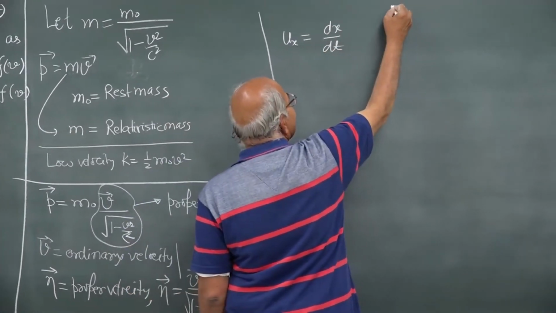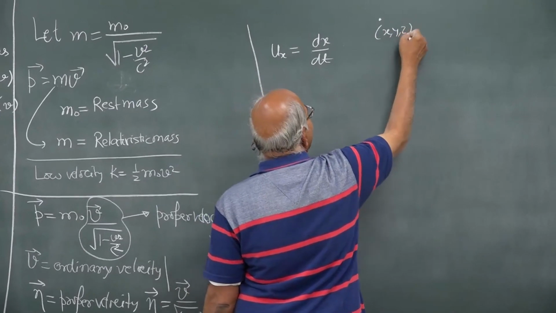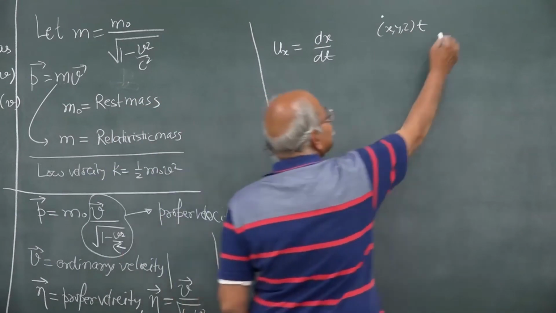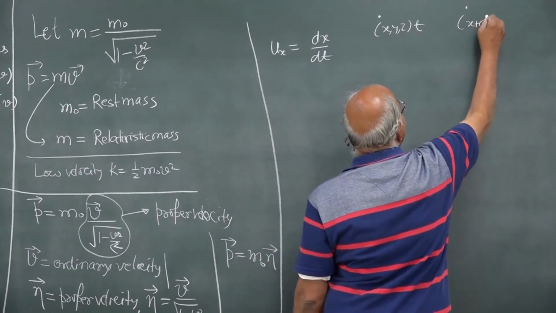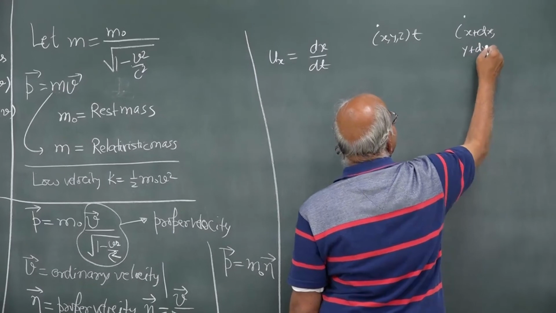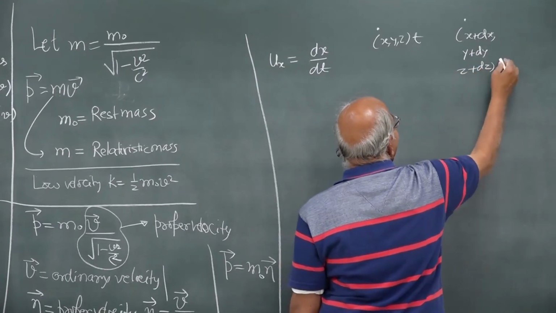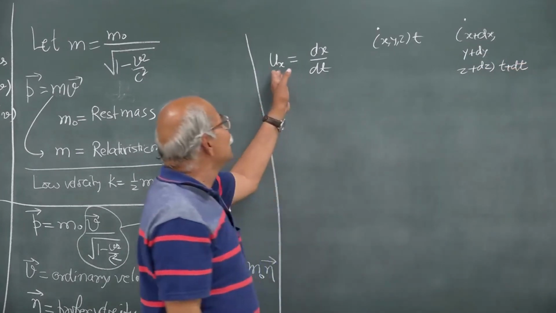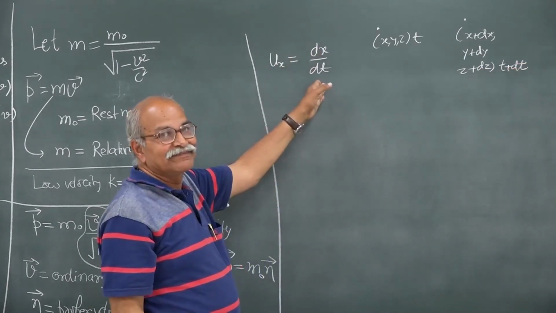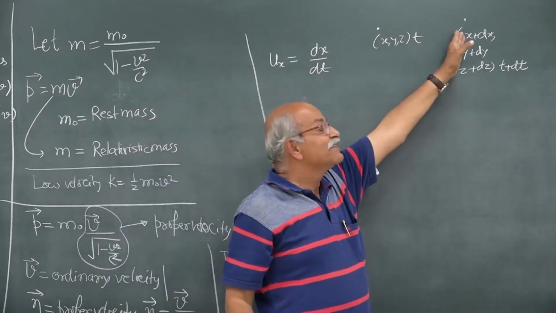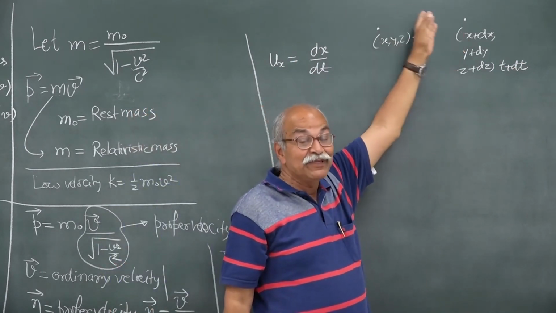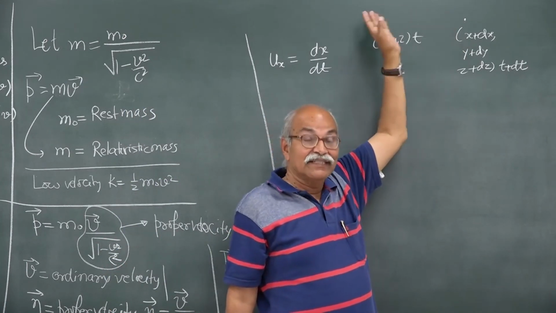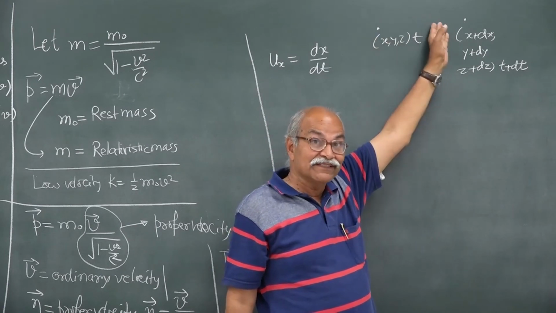So, if the particle is at x, y, z at time t, and at t plus dt it goes to some other place, x plus dx, y plus dy, z plus dz, you define ux as dx by dt. But the time interval between these two events is not the proper time interval, because they are occurring at two different places.